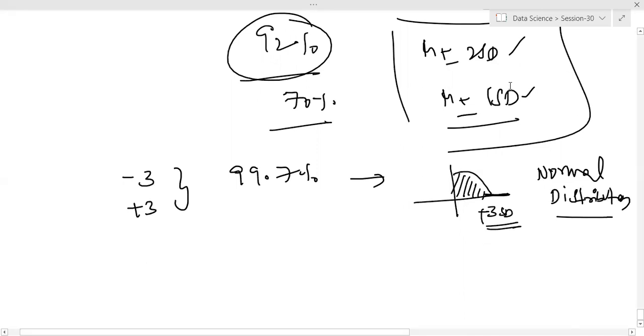Let me give you this example so that you can understand how we are going to refer to the standard deviation. I'm having some kind of survey, friends. I have given some training to my managers, and I want to understand whether these managers got a proper or fair understanding.